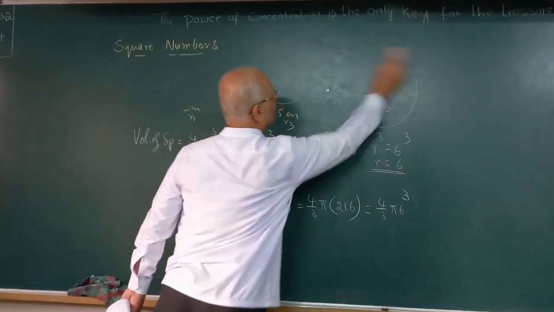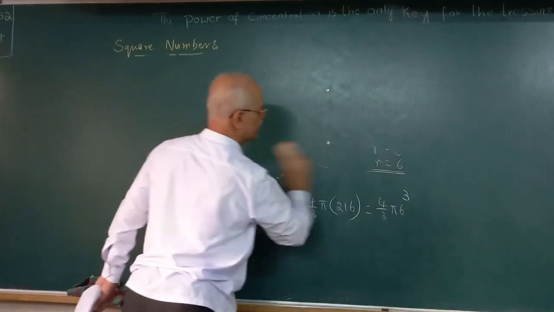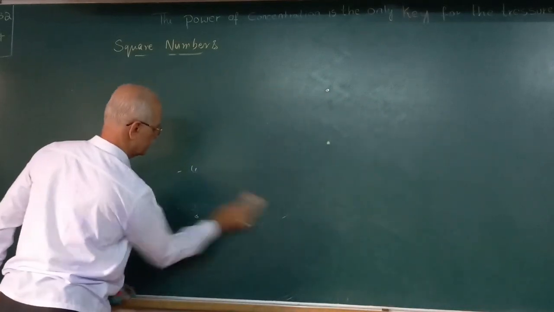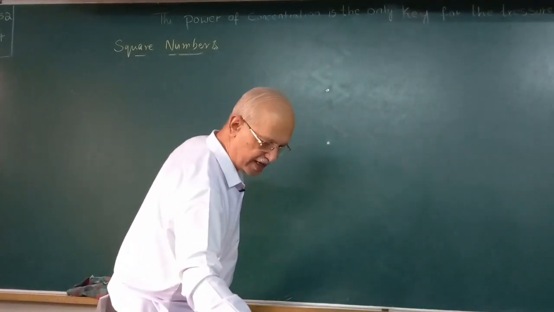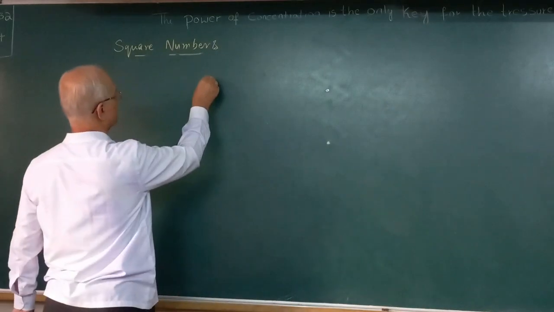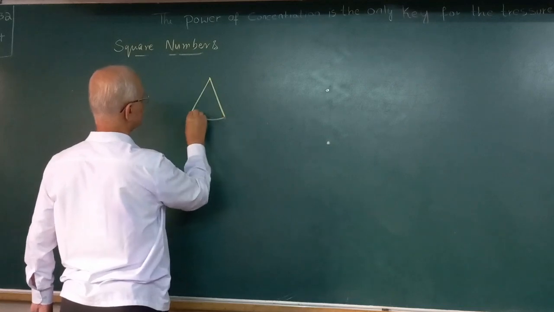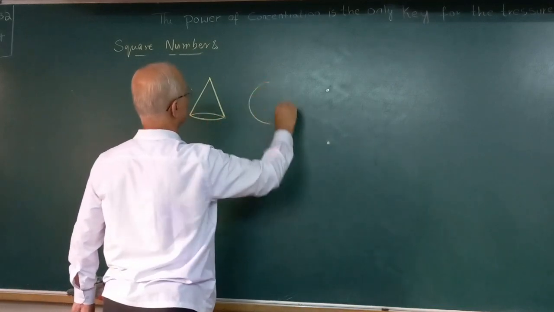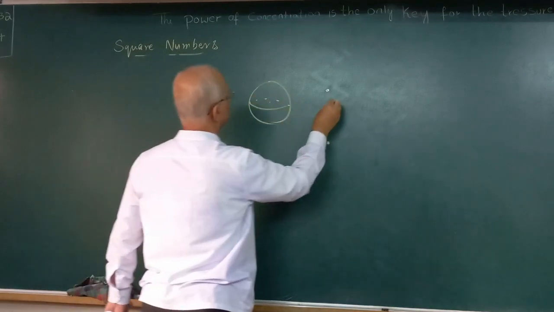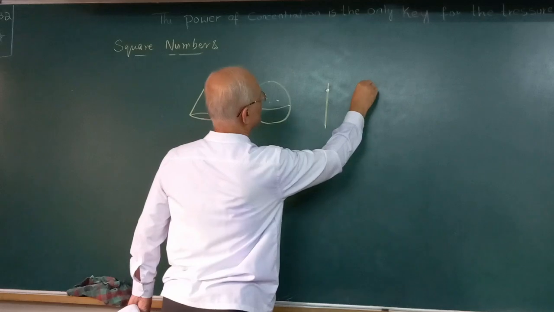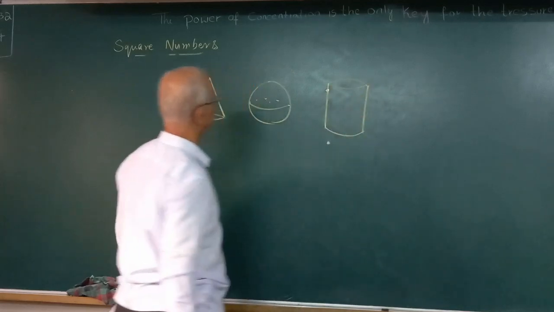Same type of one more problem I will show you now. Same type geometry problem. I take 3 different solids of the same radii. Suppose one cone, another one sphere, another one cylinder.